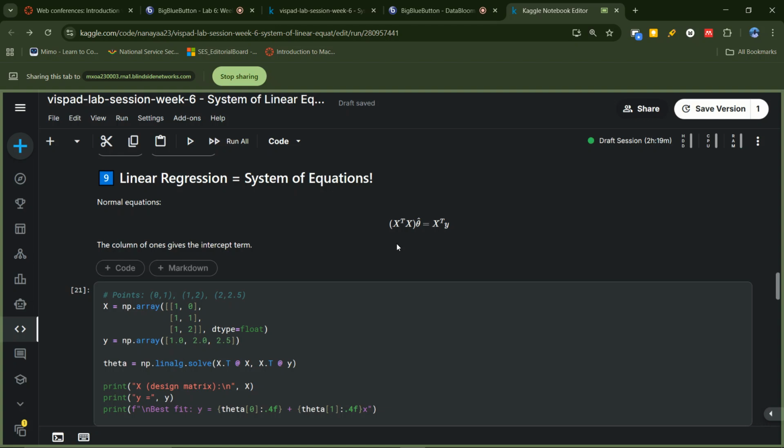So linear regression works based on some normal equations we have here. We have X transpose X theta equal to what? Y. One step at a time. Don't be confused.